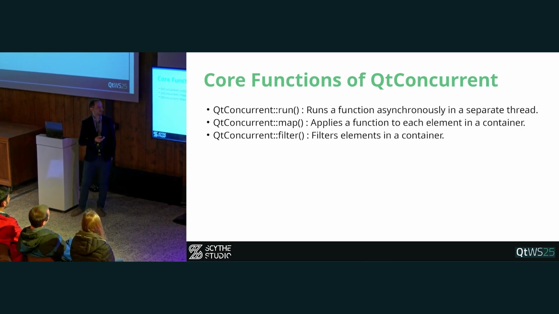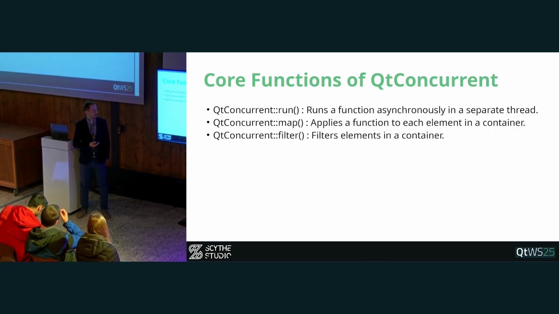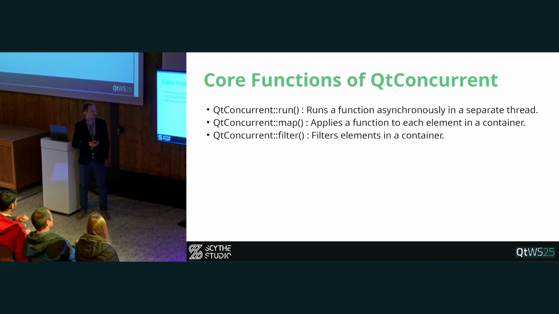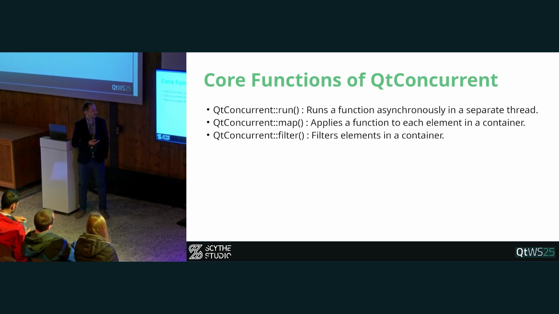There are also two other variants of those methods. There is the mapped and filtered variant, which differs in that it doesn't work on the container in place, but returns a separate container with your lambdas applied to each element.